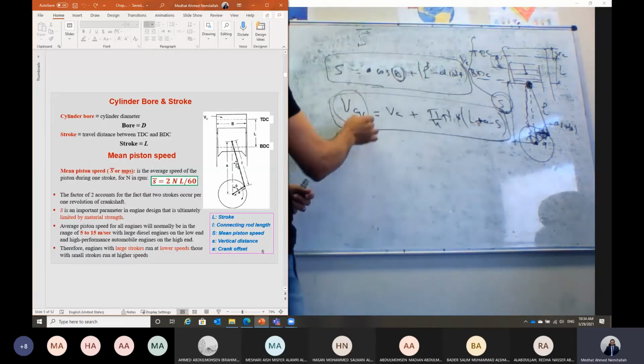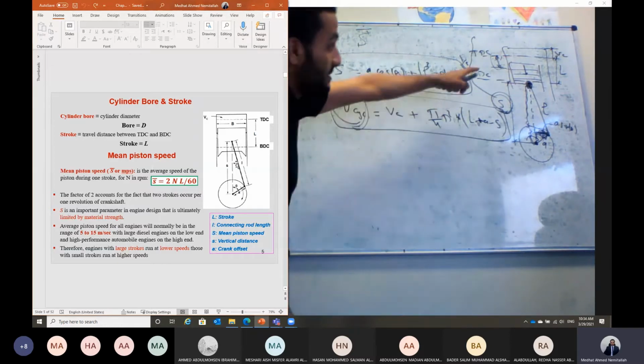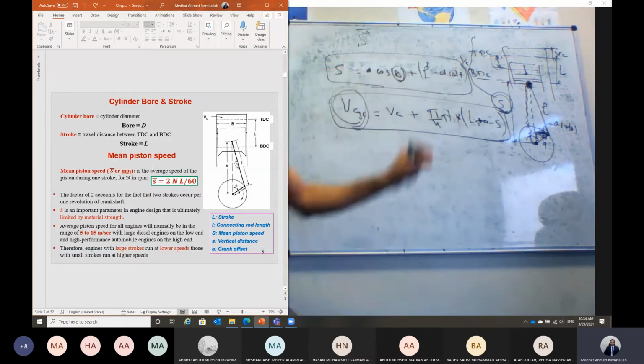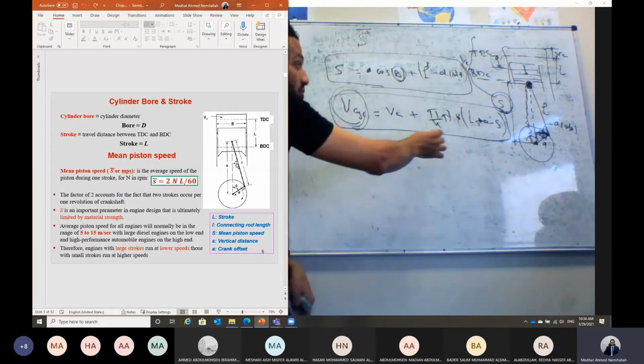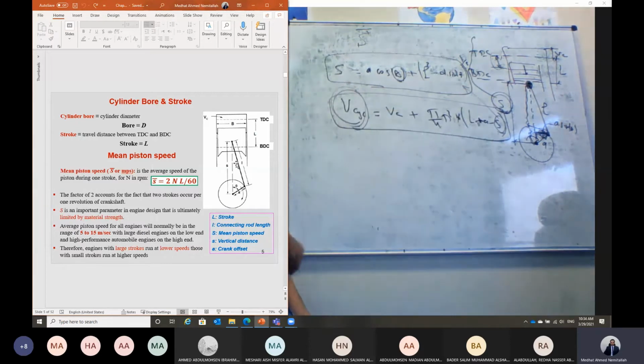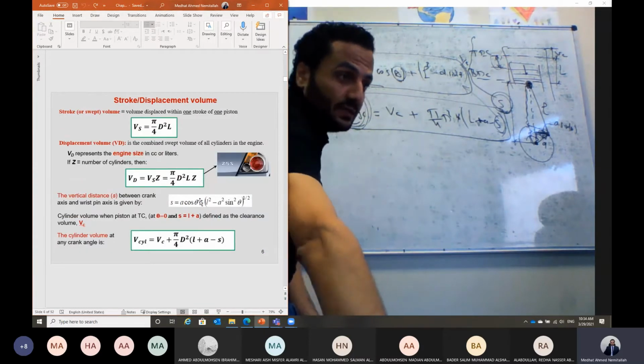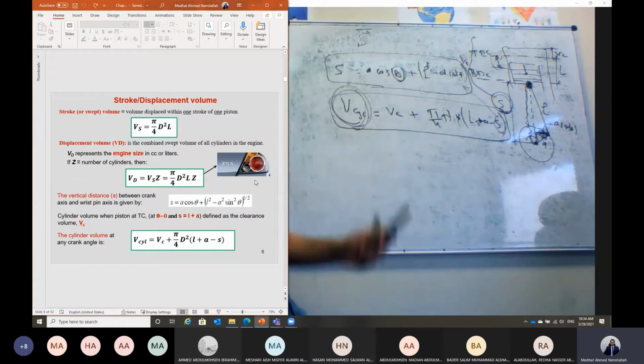By this relation, we can define the volume inside the cylinder as a function of the crank angle theta. We can substitute it here, then we get the cylinder volume as a function of the angle theta and also of the clearance volume.